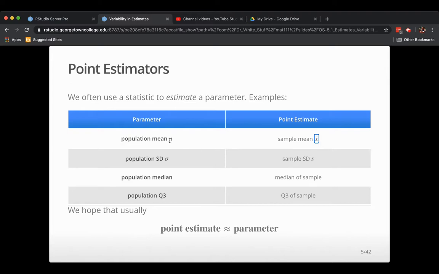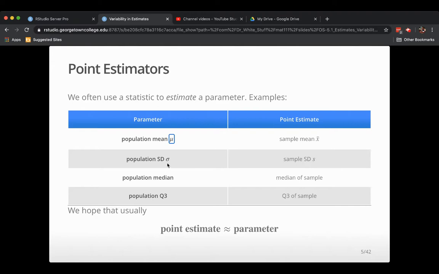Now that population out there always has that same mean. But different samples would have different data in them, and so they would have different x-bars. The estimator, the x-bar that's used to try to estimate the mu, depends on chance because it depends on the sample, which depends on chance.